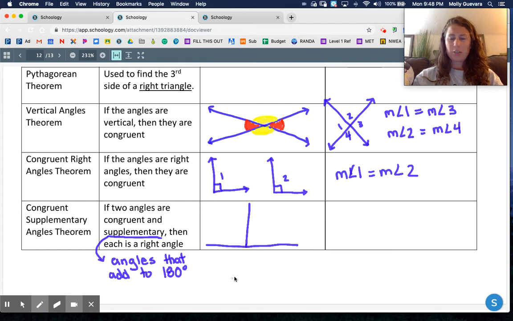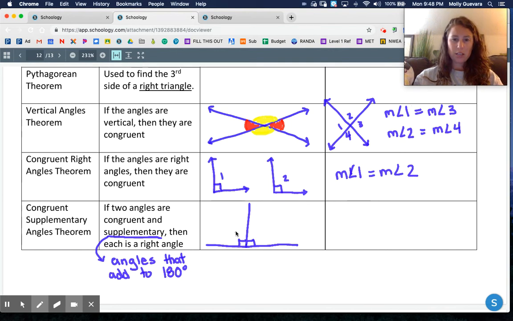Angles that add to 180 degrees. So then this is saying if I have two angles that add to 180, and those two angles are the same, then this has to be 90 and 90, because 180 divided by 2 is 90, right?